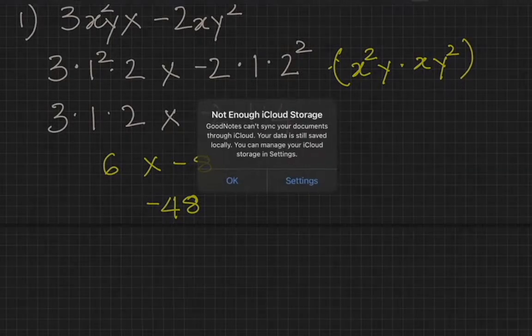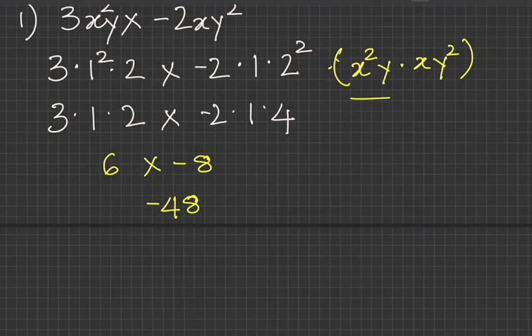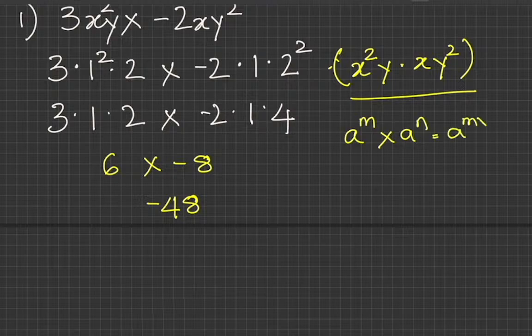Now let's do this one. x squared times x. Remember, the base is the same, so we use the law of exponents here. a to the power m times a to the power n will give me a to the power m plus n.